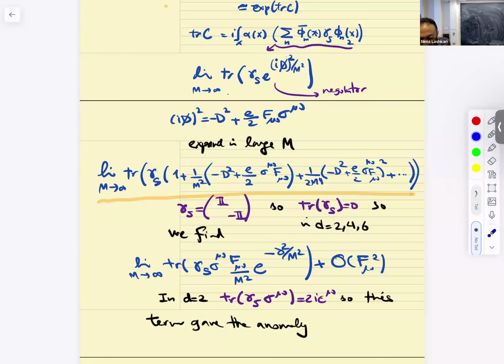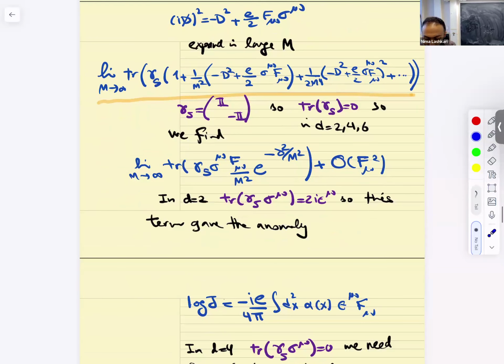In D equal 2, the trace of gamma 5 σ^{μν} that I have to calculate here is i ε^{μν}. So this term gave the anomaly. This was the anomaly term. In D equal 4, the trace of gamma 5 σ^{μν} is 0. This term vanishes. We got to go to the next order, which is F squared.